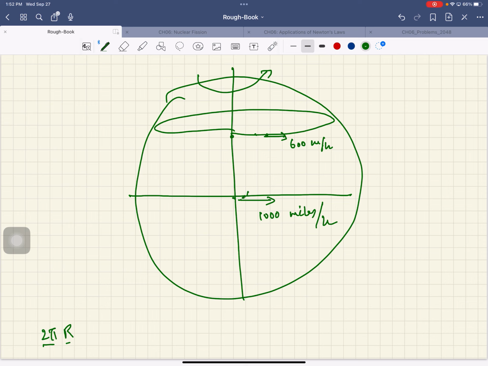So what is the speed at which this air is traveling? The air above the equator is traveling at 1,000 miles an hour. This packet of air is traveling at 600 miles an hour.